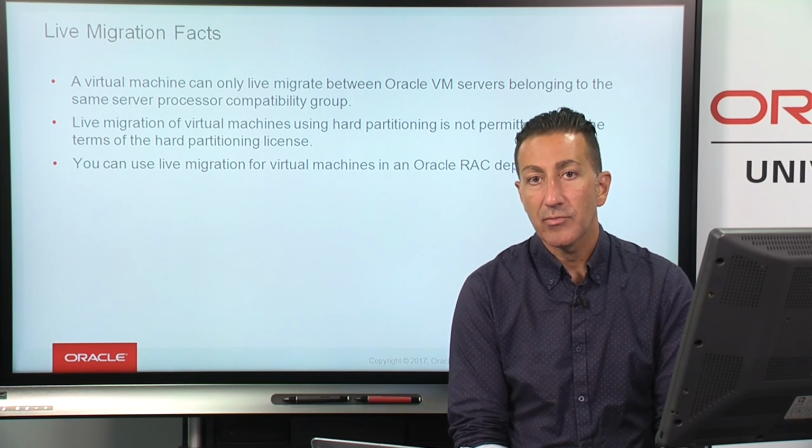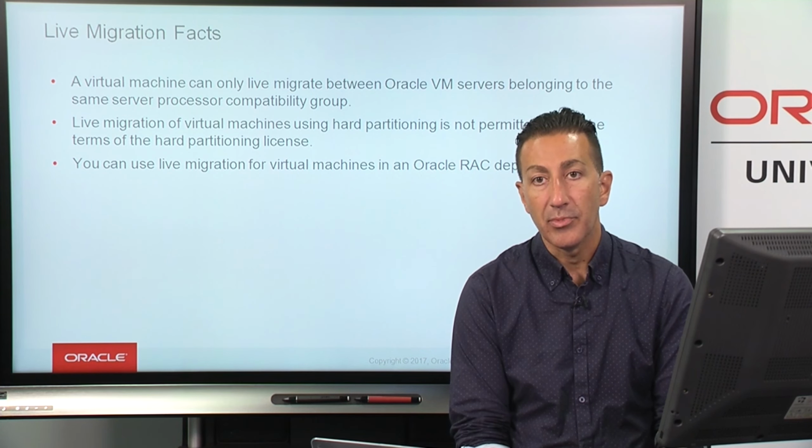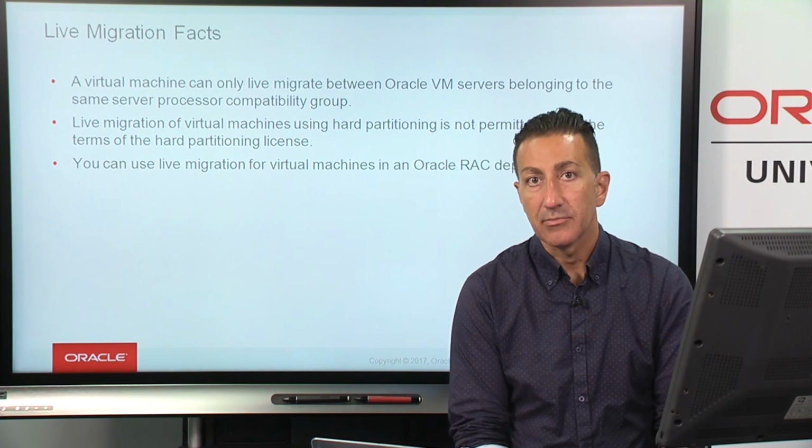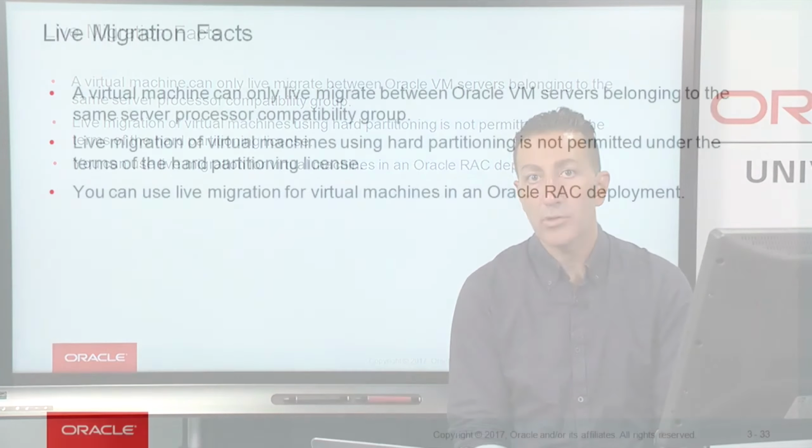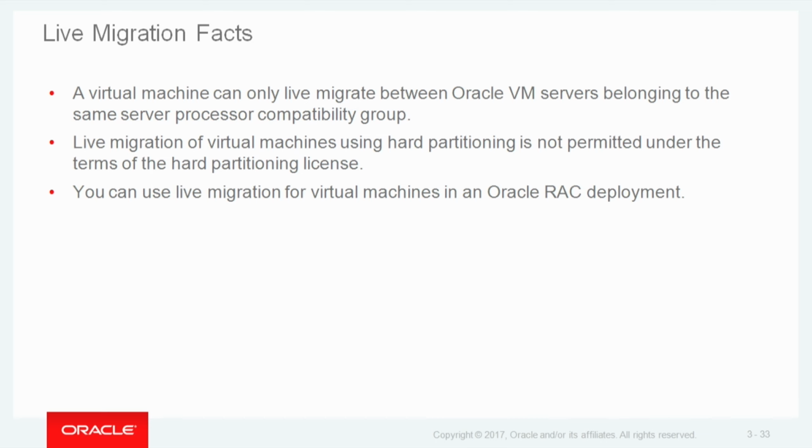Live migration of virtual machines using hard partitioning is not permitted because this is under the terms of the hard partitioning license. So you need to take this into account. Well, you could do it manually if you want, for example, for maintenance, but only for a short period of time. But you cannot leave it to the system to do it, based on, for example, DRS or DPM policies or a manual operation that you do.